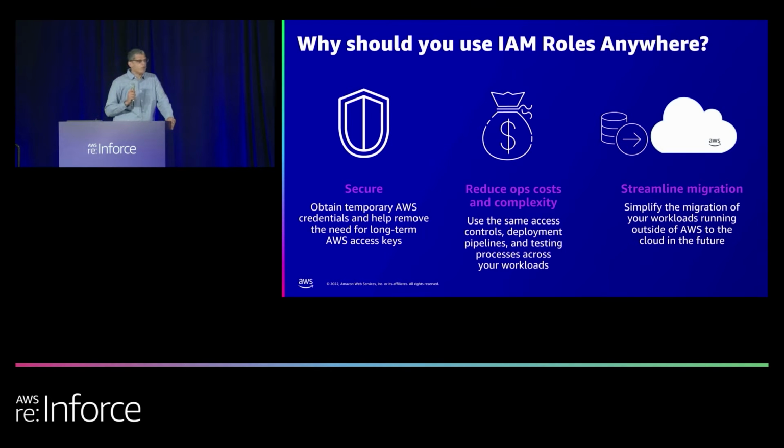Also, you can leverage the same IAM roles and policies that exist today for your AWS applications and extend them to your applications running outside of AWS, in order to use and enforce the same policies that are assigned to the role.